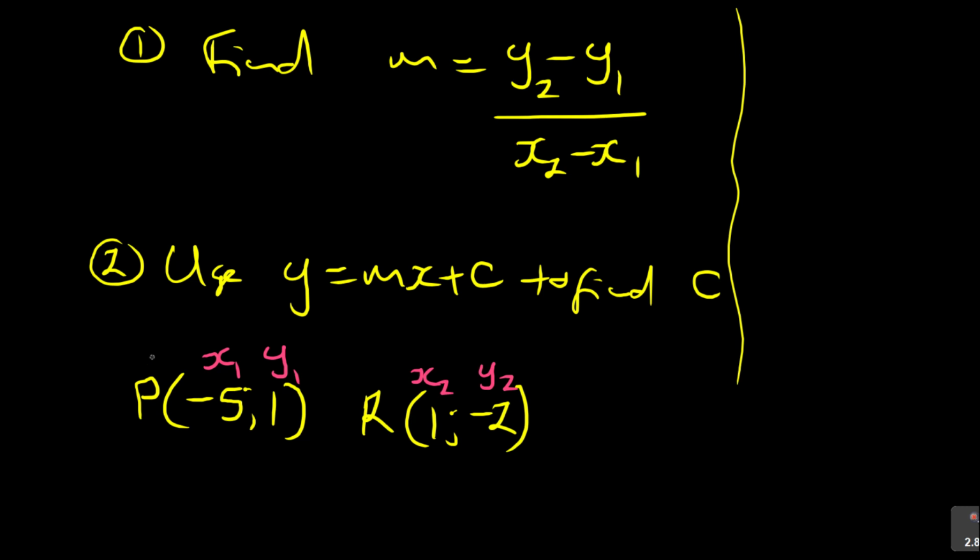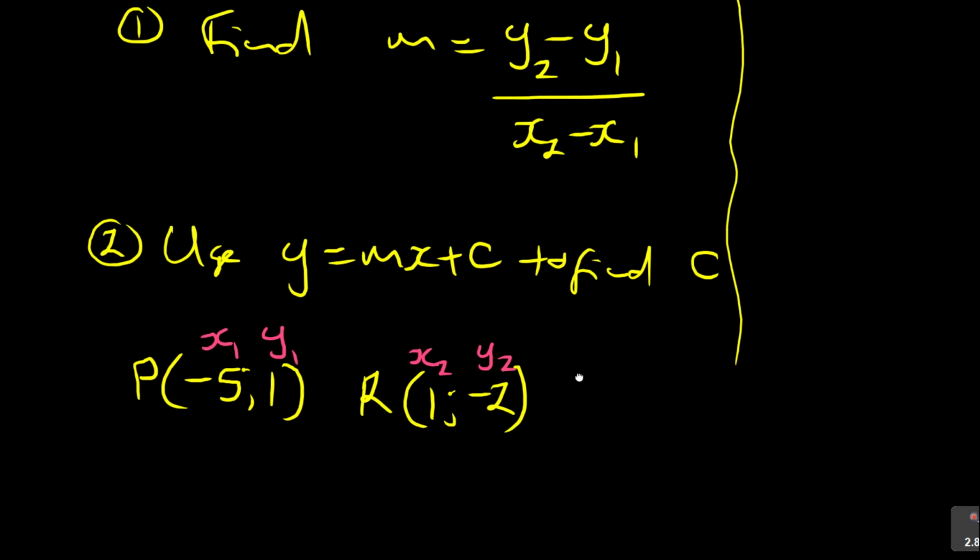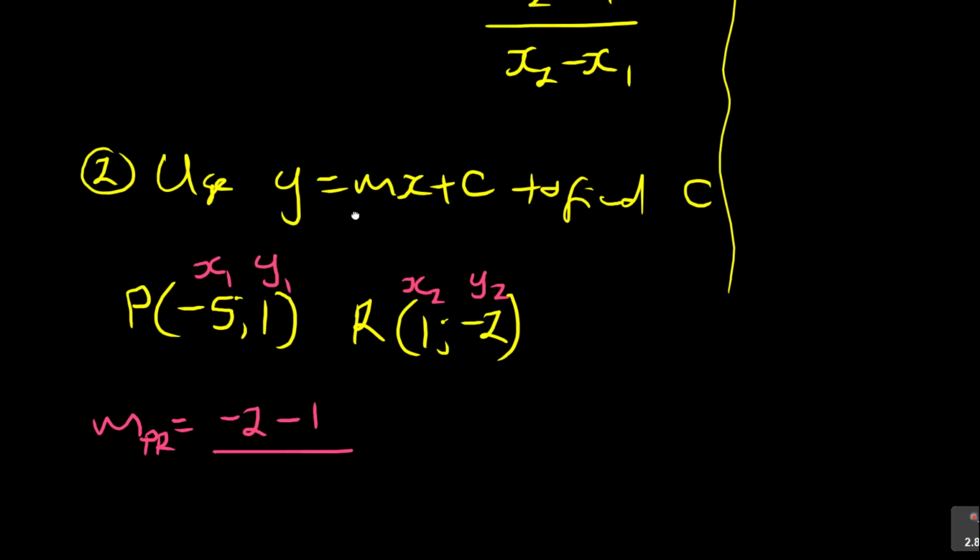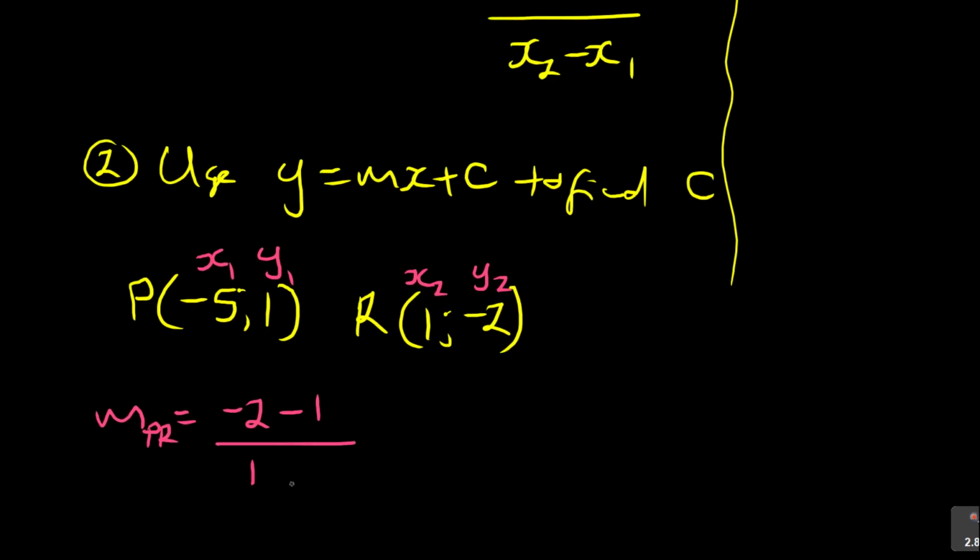Remember the gradient. So if I say m, the gradient of PR, is equal to y2, which is negative 2, minus y1, which is 1, over x2, which is 1, minus x1, which is negative 5.